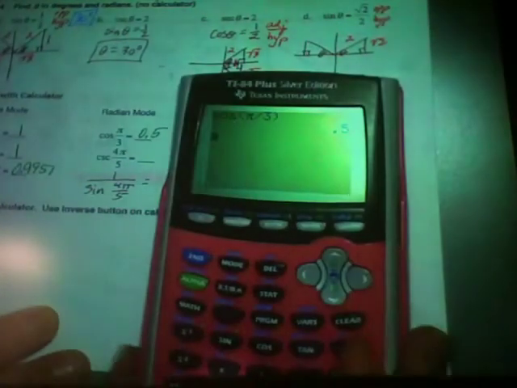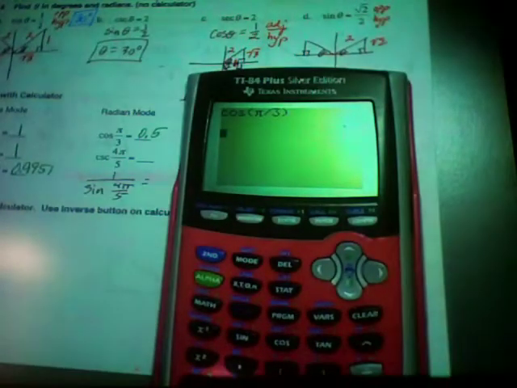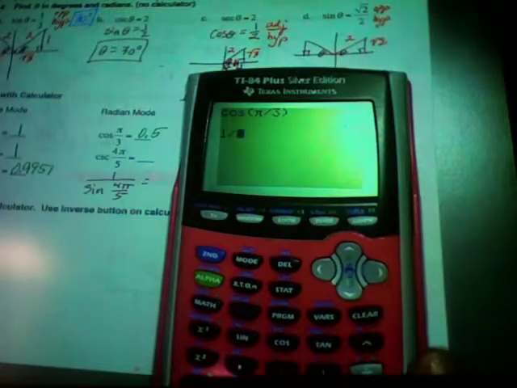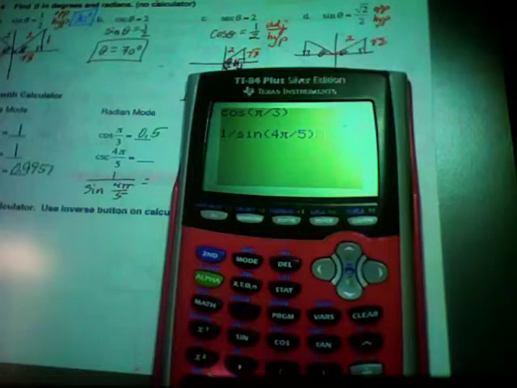So that's what you're going to put in your calculator: 1 divided by sine of 4 pi divided by 5. Make sure you end your parentheses. If you don't, I can't guarantee what it'll do. What'd you get? Does the 3 stay the same or bump up? It stays the same. So 1.7013.